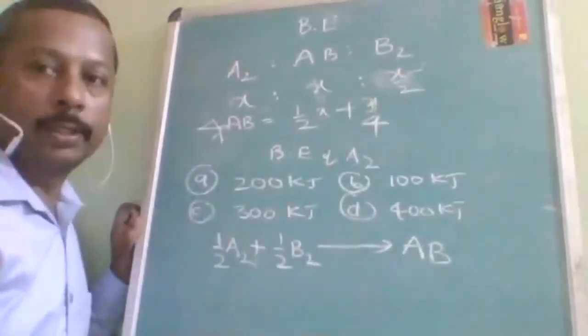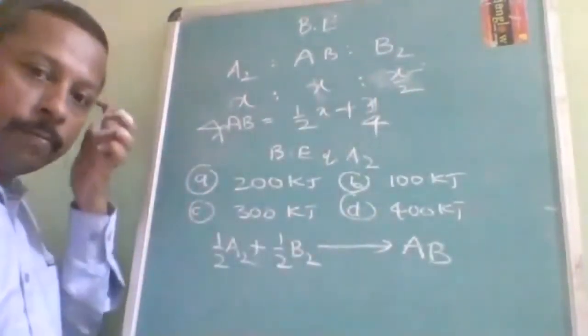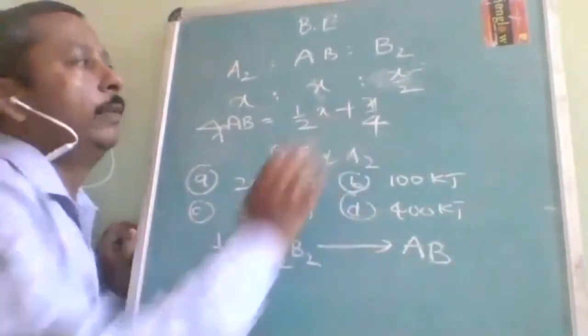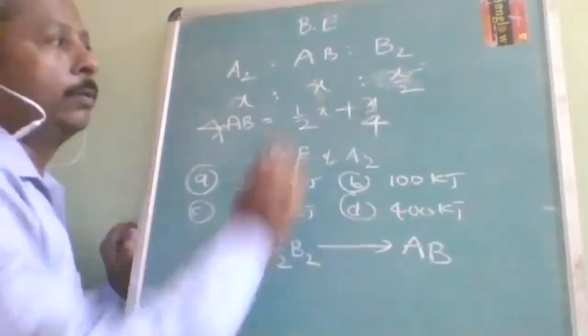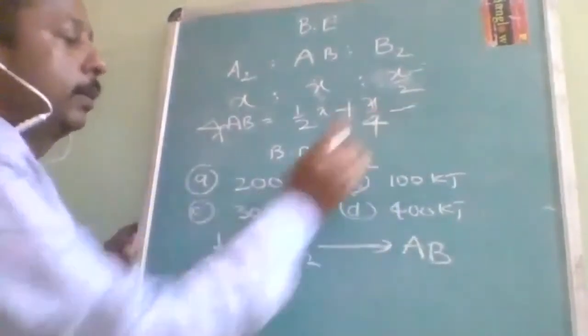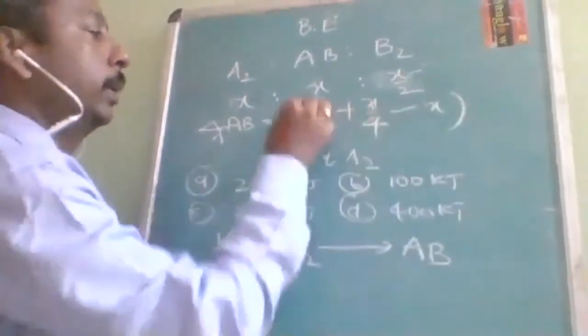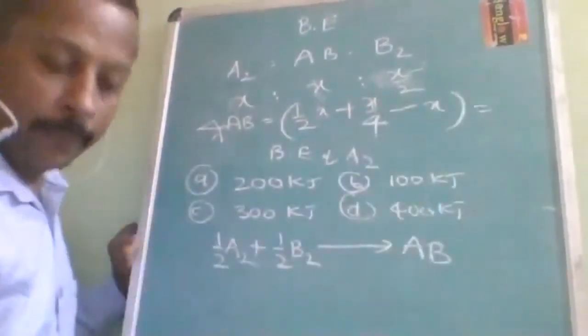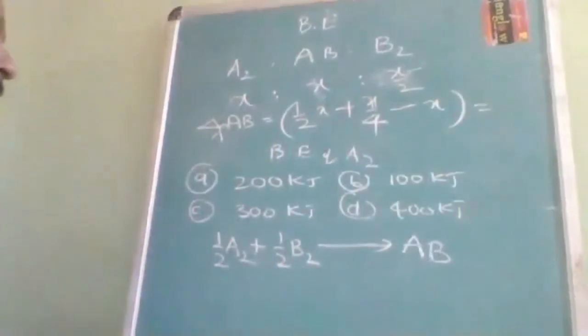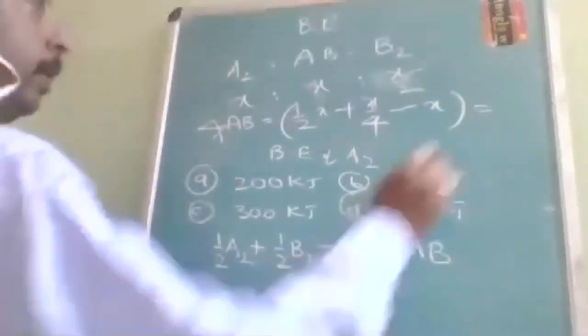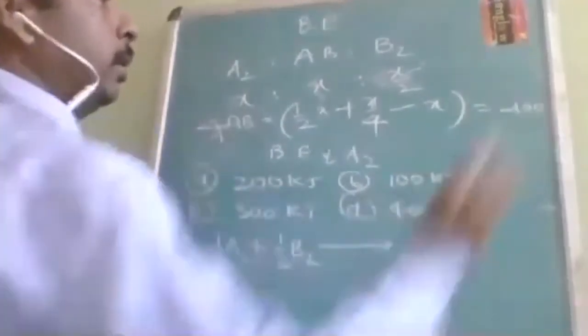Already x by 2 is given, now it is x by 4, half of the B2. Minus, reactant minus product, the product value is x. And the enthalpy of formation is already given in the question. It is minus 100. Is it understood?